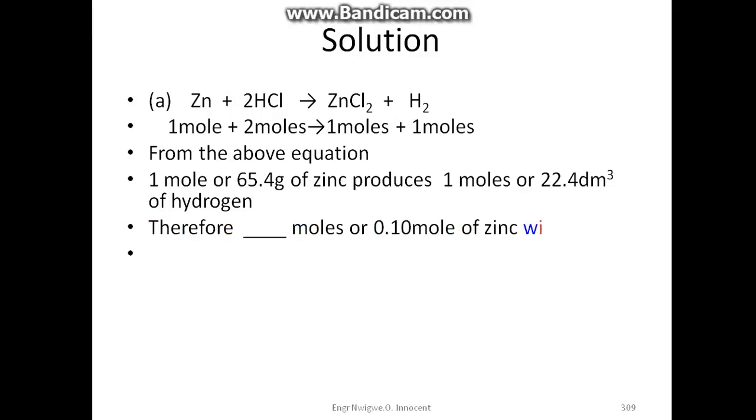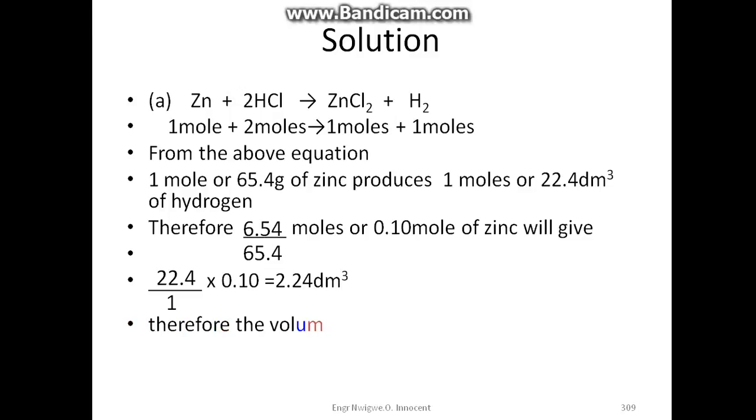Therefore, 6.54 divided by 65.4 moles, or 0.10 mole of zinc, will give out 22.4 divided by 1 times 0.10, which gives 2.24 dm cube. Therefore, the volume of hydrogen evolved at STP is 2.24 dm cube.